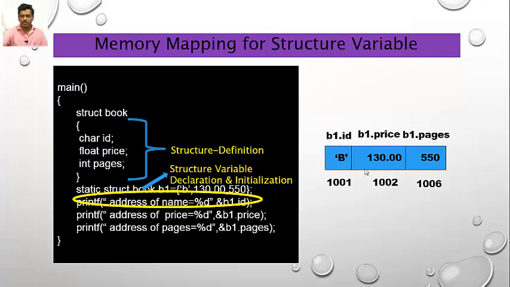So 1002, 1003, 1004, 1005, because it is a float, it occupies 4 bytes. Then 1002 plus 4 is 1006, the address of b1.pages. So it allocates continuous memory locations, independent of the number of elements.